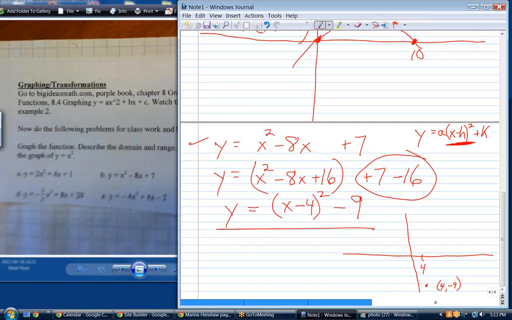Okay, so when x is 0, y is 7. So that point's on the parabola. So we know the parabola goes like this. What's this value right here? This point right here is 0, 7. What's this point here as our third point?